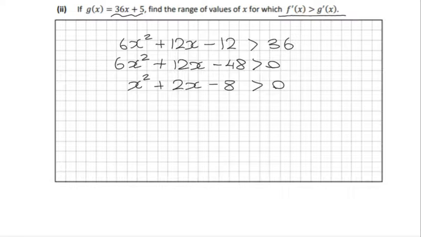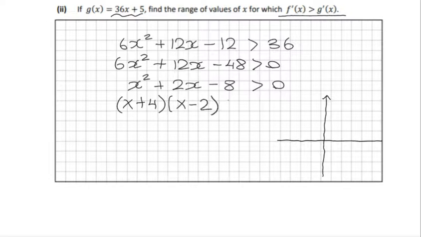Okay, now we need to decide on the inequality. So let's look at the two factors here, x plus 4 and x minus 2. The two roots then will be x is minus 4, or x is 2.